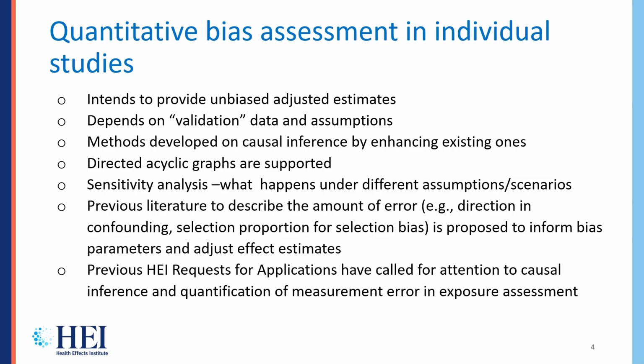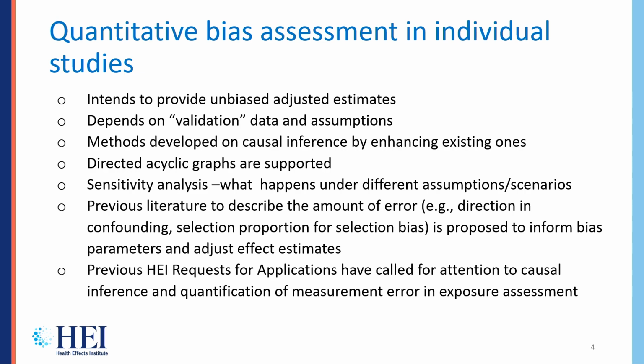One method that is gaining wider application as time goes on is the use of directed acyclic graphs that guide the selection of necessary confounders in our epidemiological models. In case all these methods seem too demanding to apply, there is always sensitivity analysis to be used in individual studies to try to address what would be observed as a possible effect estimate under different assumptions.